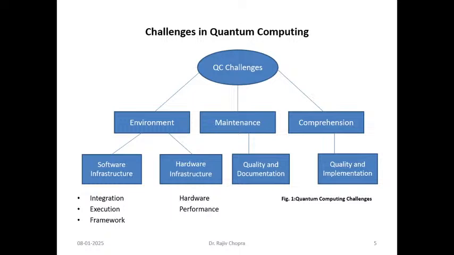The challenges are here. Environmental challenges play a very vital role with respect to quantum behavior. It is further divided into two categories: software infrastructure and hardware infrastructure, as I told. When I say software infrastructure, that refers to the framework that can be reused in the execution environment.